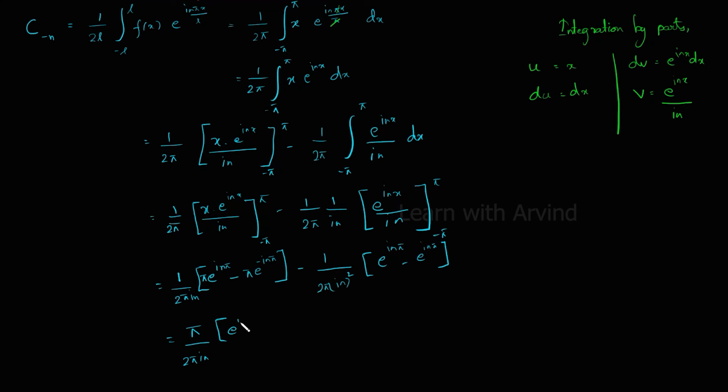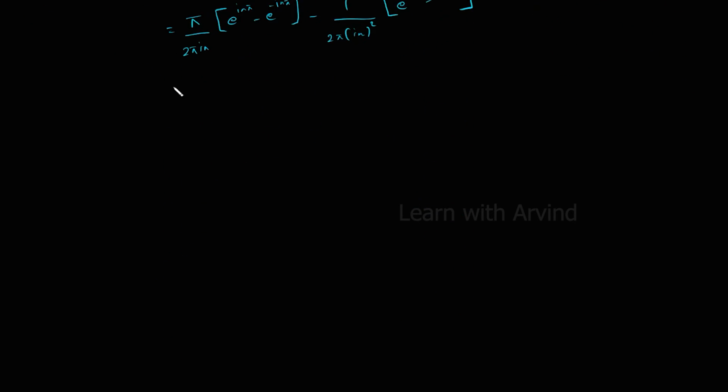Now we are taking pi as common. Pi would get cancelled. Since i squared is equal to minus 1, we are grouping this just like the previous case.